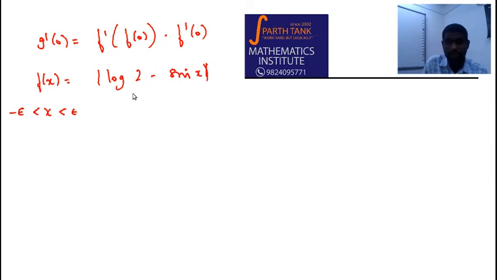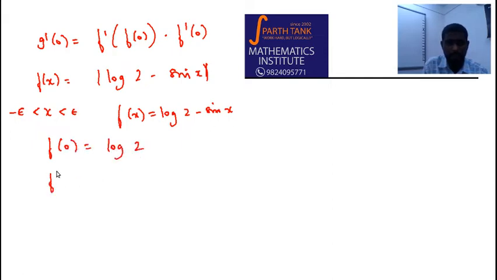Log 2 is 0.693 I said. So therefore, since the whole thing is positive, the mod can be removed. So f of 0 is easy, it is just log 2, and f dash of x also is easy to calculate from here. F dash of x is minus cos x. So f dash of 0 would be minus cos 0, which is minus 1.